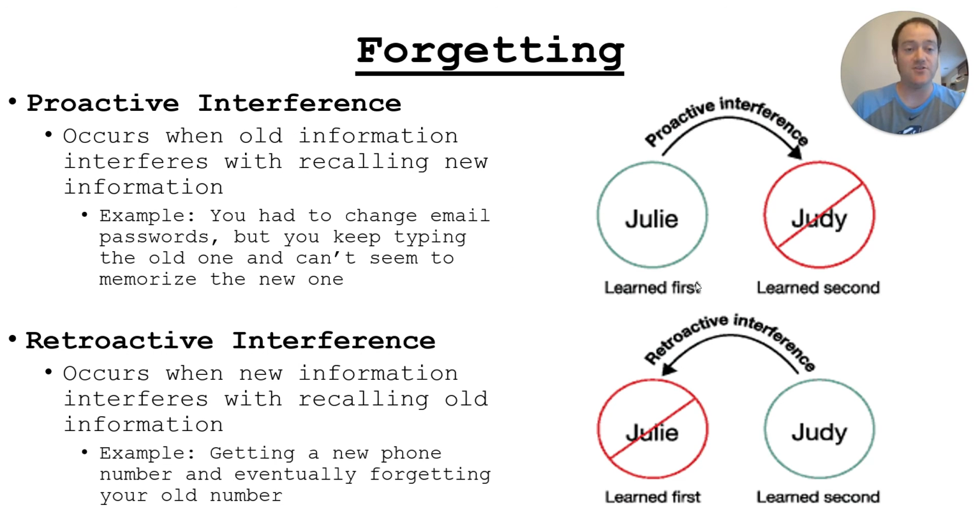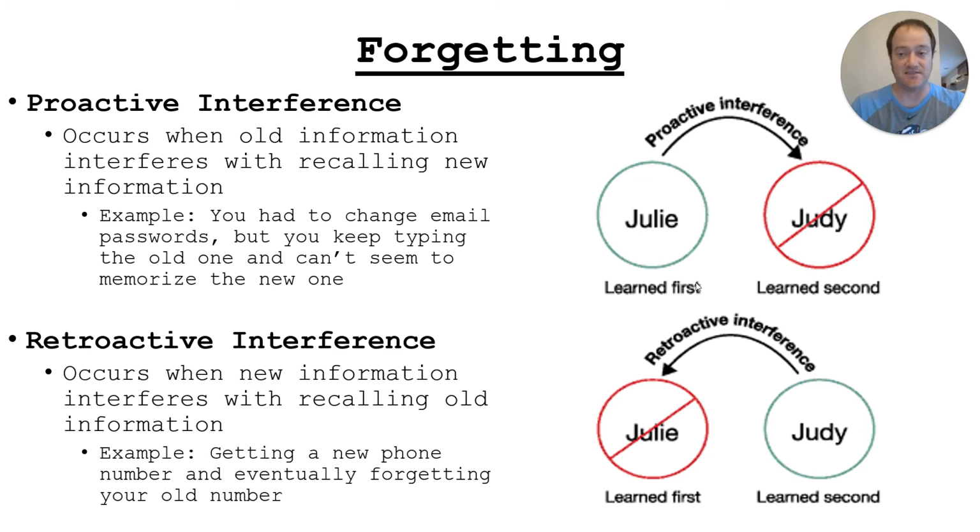So there are two types, proactive and retroactive. Proactive interference is when old information jumps forward and interferes with recalling new information. The example I put on here is if you've ever had to change your password for something.